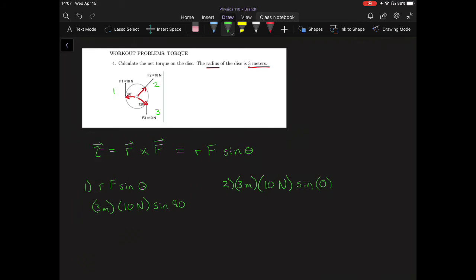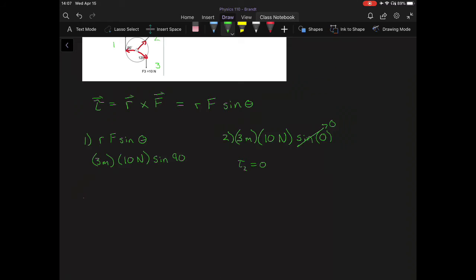So the sine of 0 is 0, and this whole thing then, so for the torque of 2, it's going to be 0.